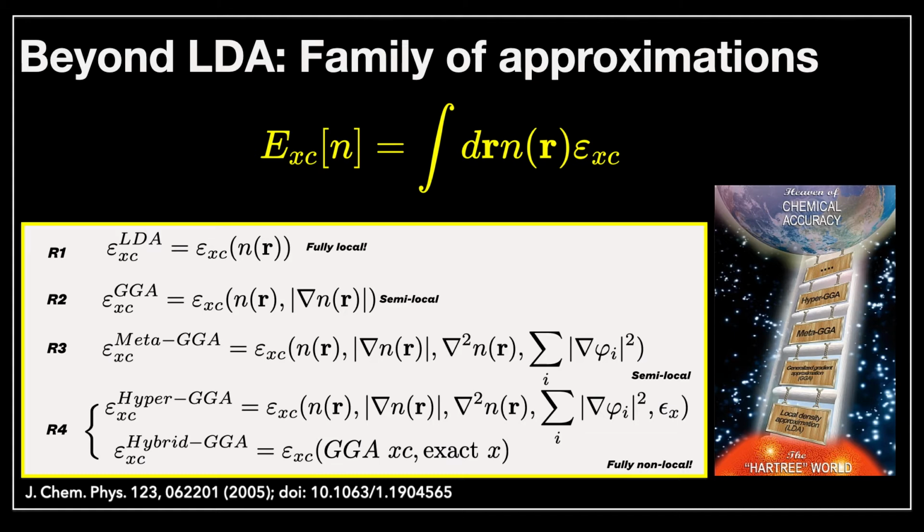The exact exchange can be done for hybrid GGA, which I'm also going to discuss in a minute. So we can keep going up and improving this. In fact, there are dozens of exchange correlation functionals available.